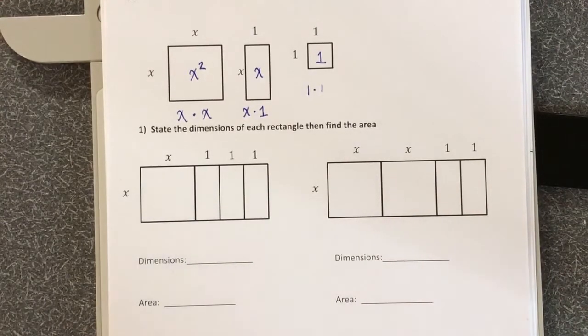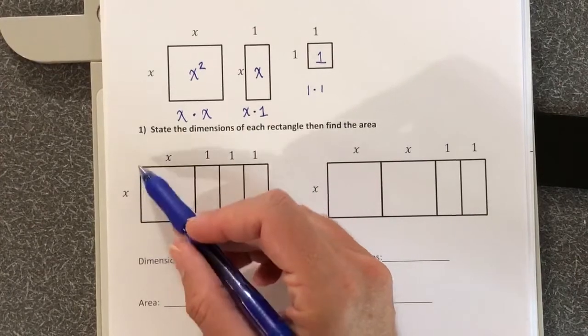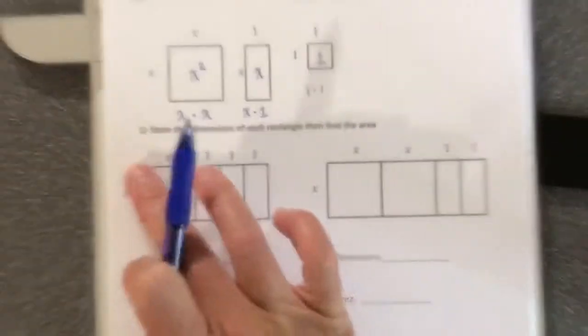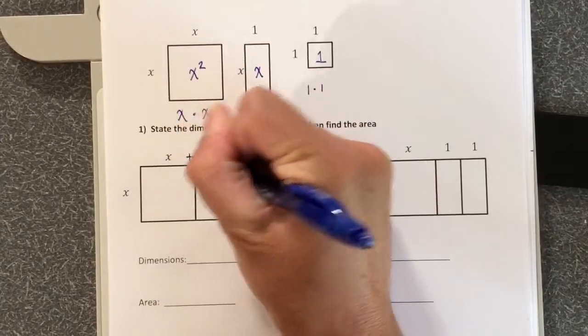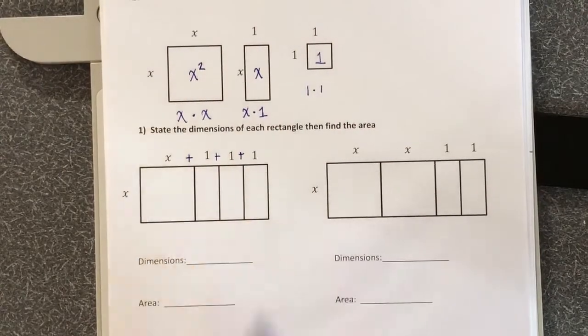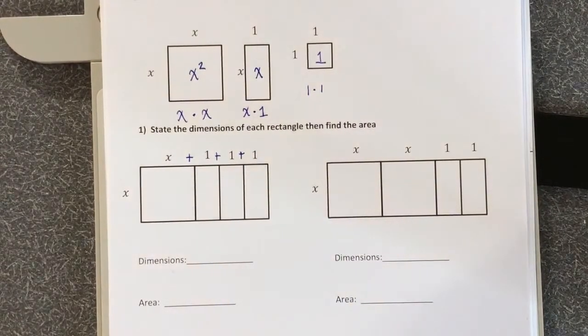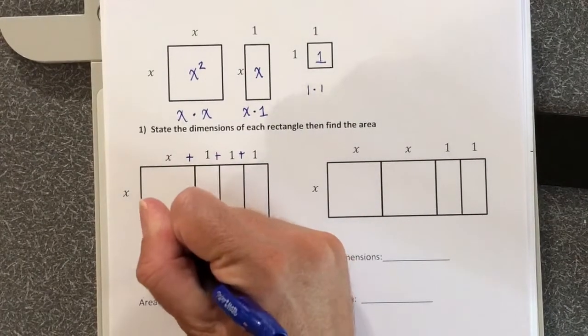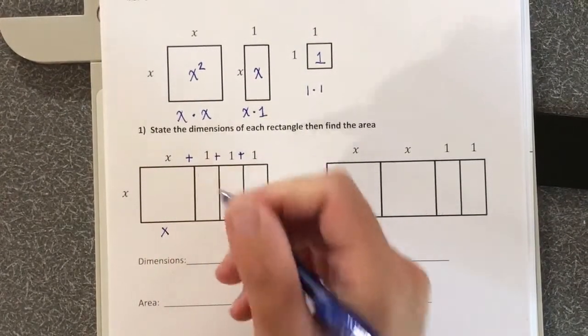So let's start with our dimensions. We have a height of x and a length of x plus 1 plus 1 plus 1.